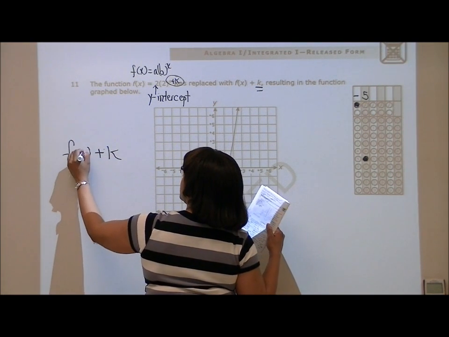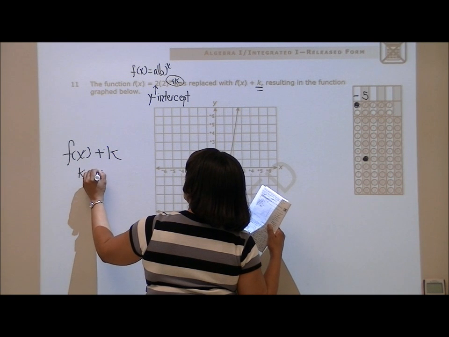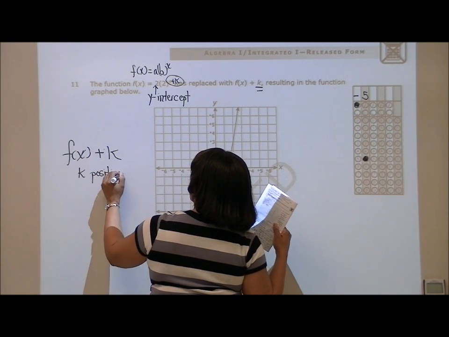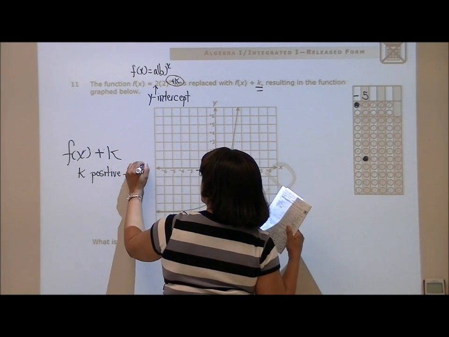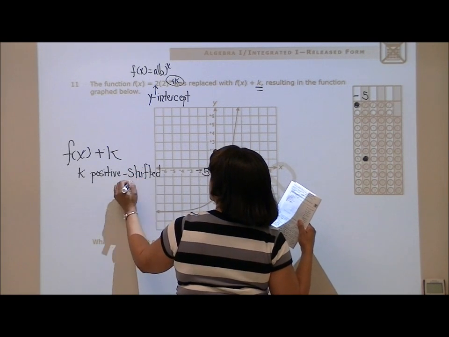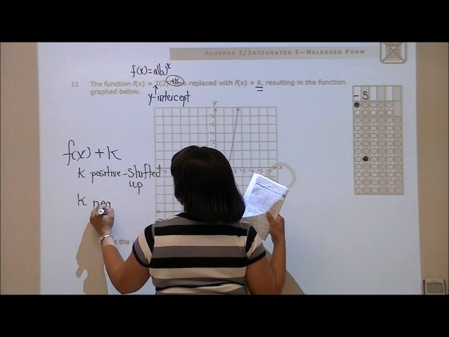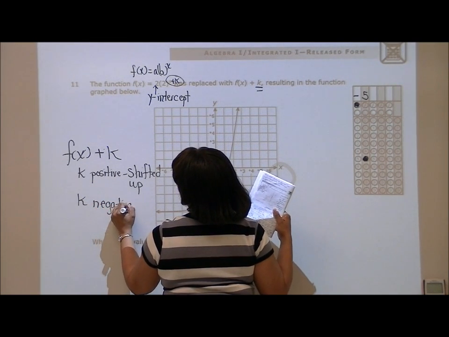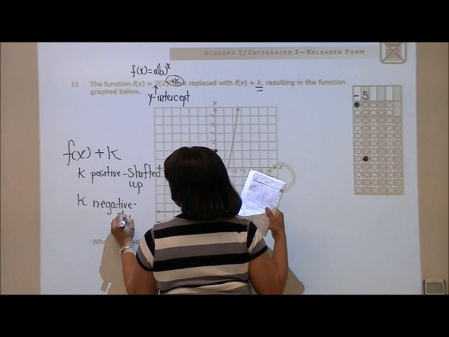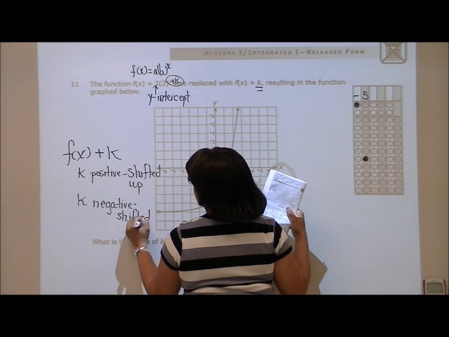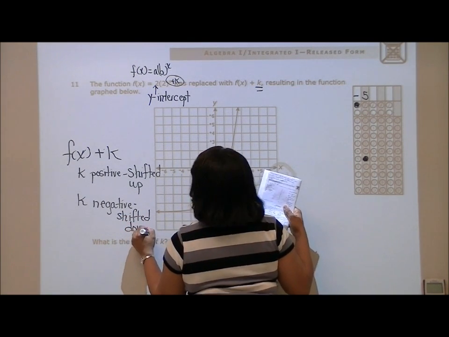Okay, if K is positive, you shift it up. If K is negative, you shift it down. That's what we did here.